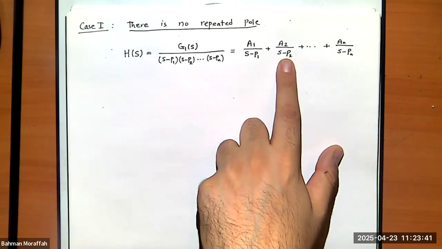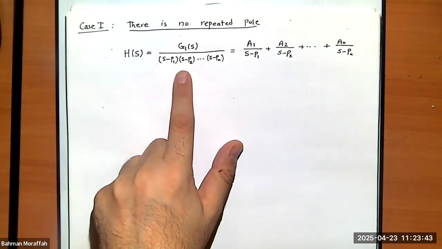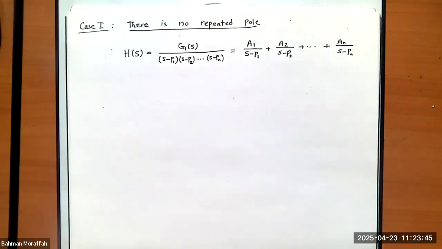Since this side must be the same as the left-hand side, I have to equate the denominators and find the coefficients. I can always do that. This works. But since this is a simple, very nice case where all the pi's are different, I have a shortcut.